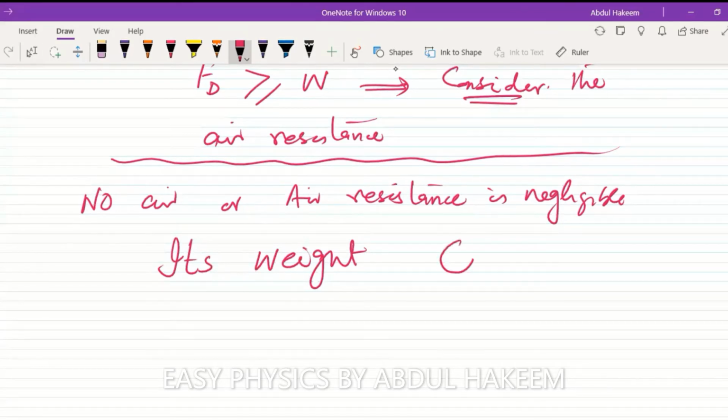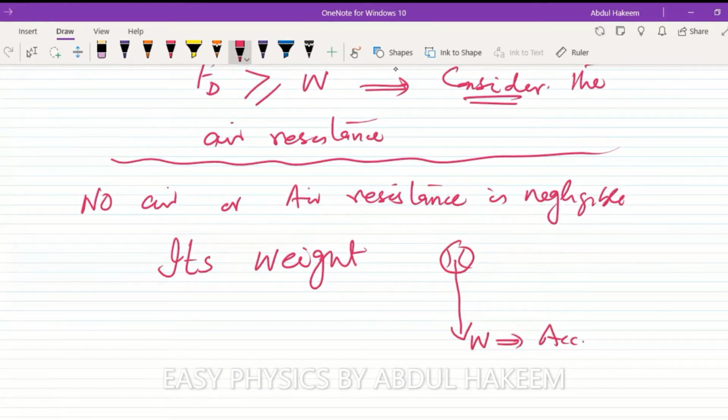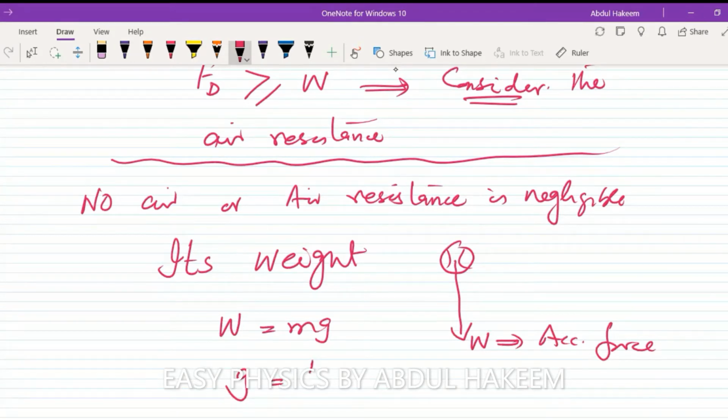When the object is falling down, weight is the accelerating force. So the weight is equal to mg, thus the acceleration is W divided by m, and this is the acceleration due to gravity.